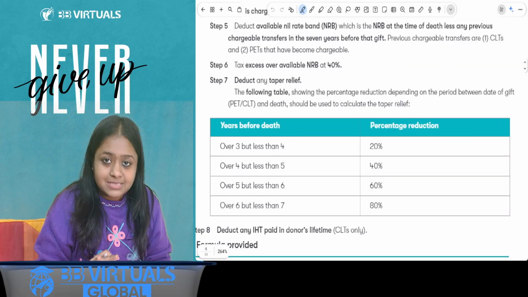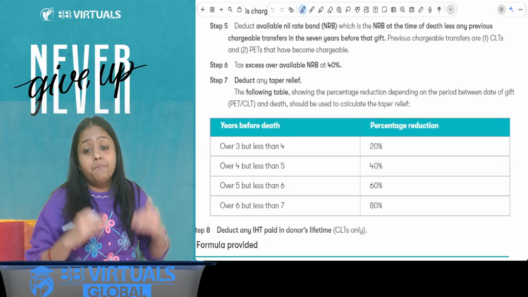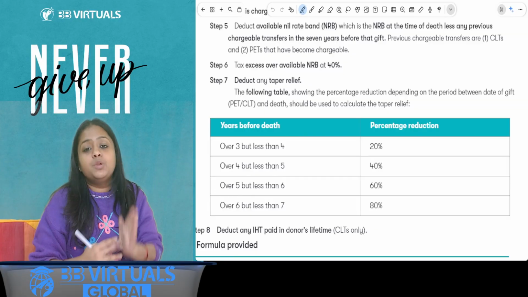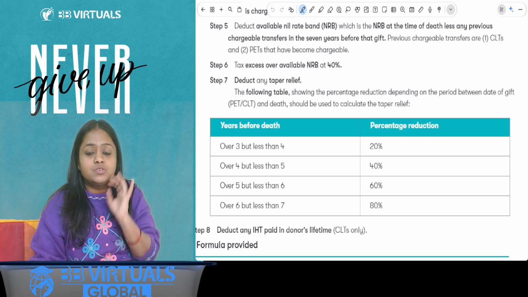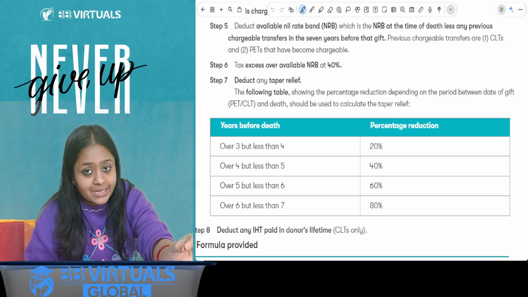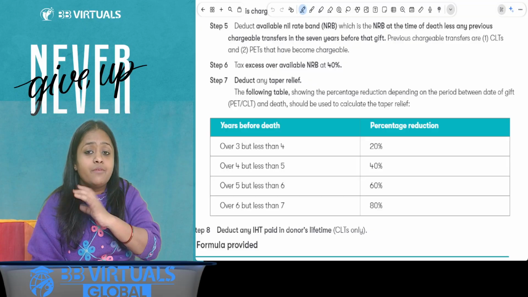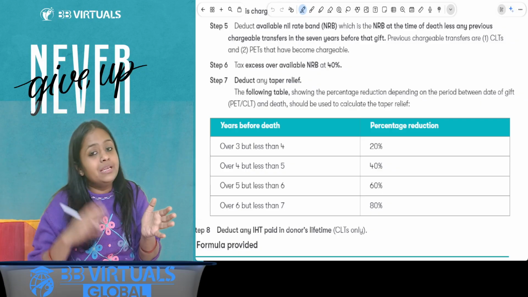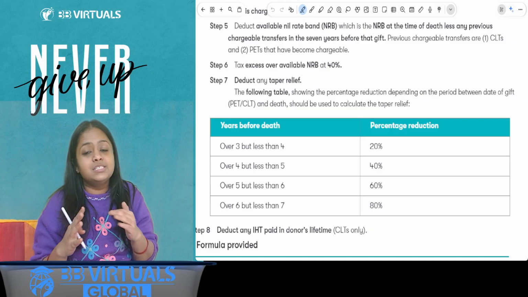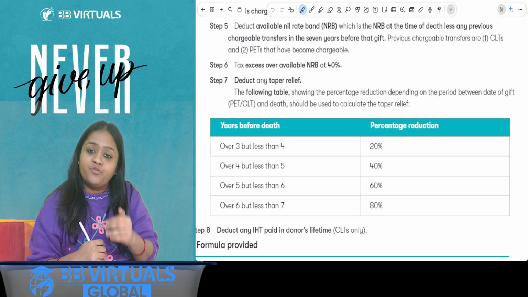Taper relief is nothing but a relief which is given based on the period between the date of gift and date of death. Let's say the date of gift is 6th October 2020. Date of death is 7th November 2024. It is beyond 4 years, till 5 years.